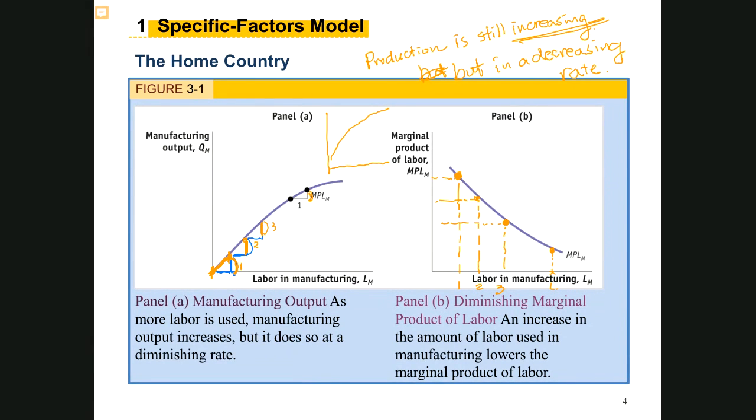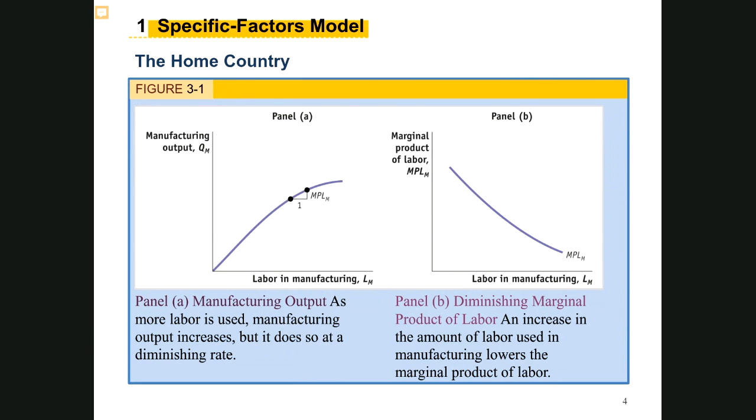We assume the MPL is constant, right? So it means MPL does not look like this. Instead, it looks like this. All right, so this is the line for the MPL in the Ricardian model.